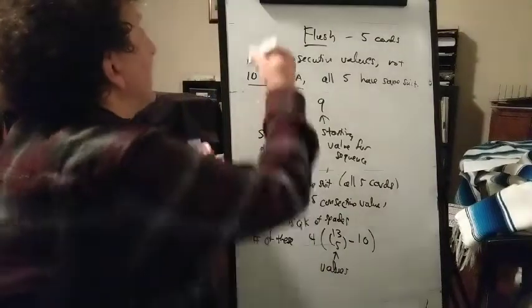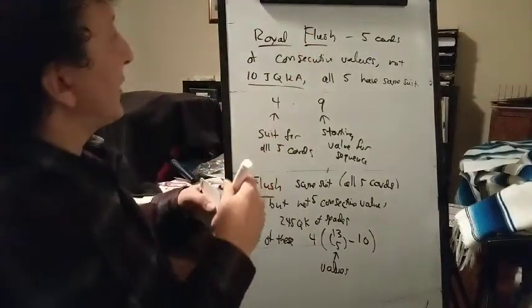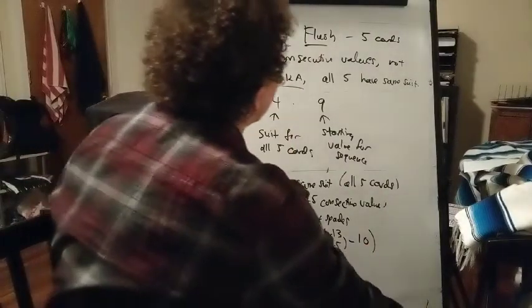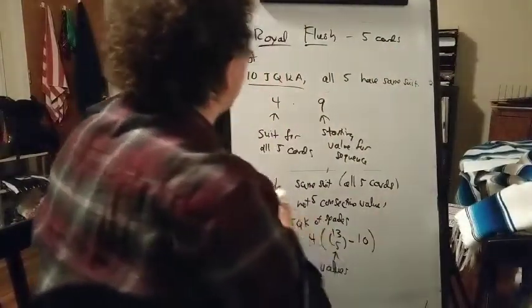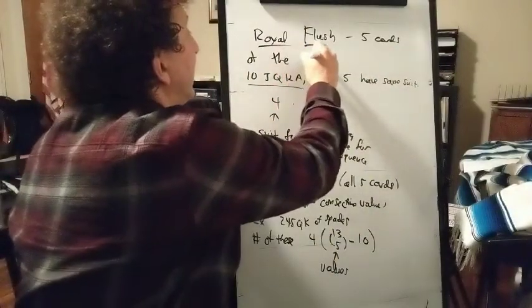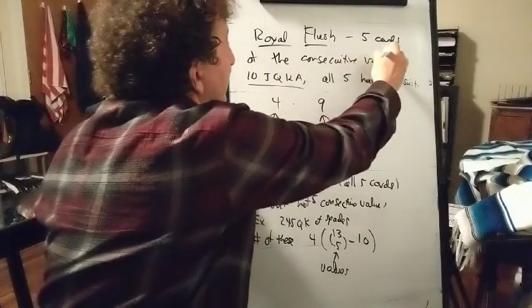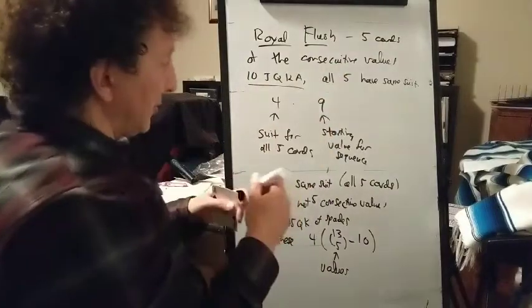So a royal flush is 5 cards of consecutive values. Not just any consecutive values, but the consecutive values must be 10, Jack, Queen, King, Ace, all of the same suit.